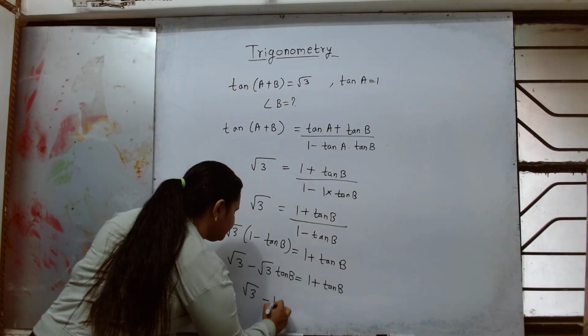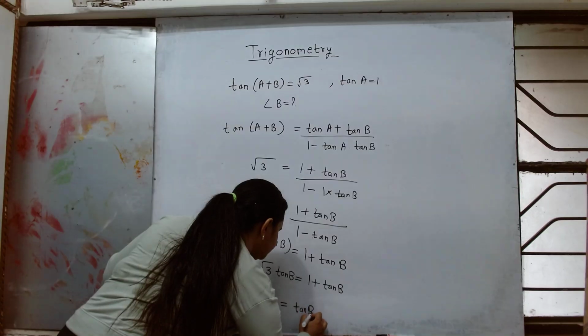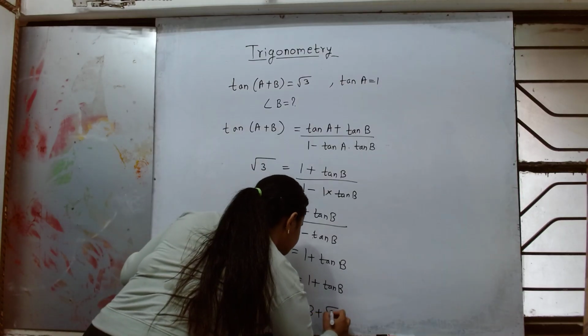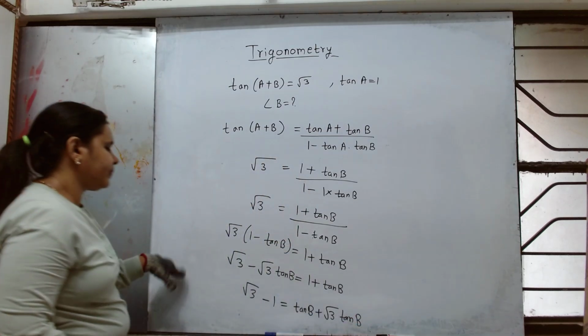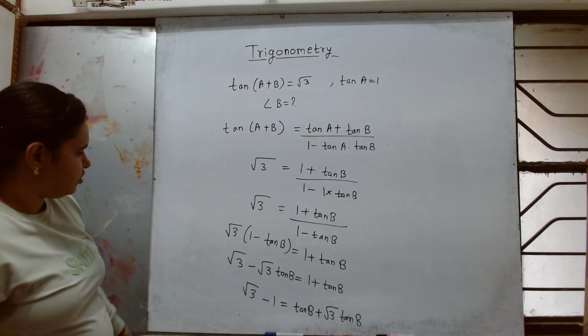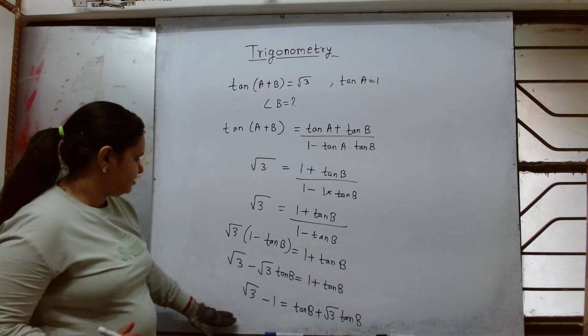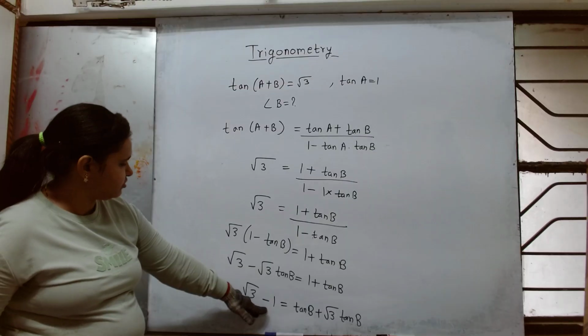It will be root 3 minus 1 is equal to tan B plus root 3 tan B. Okay, now this is correct. We had not written the 1, that's why it was not working out.